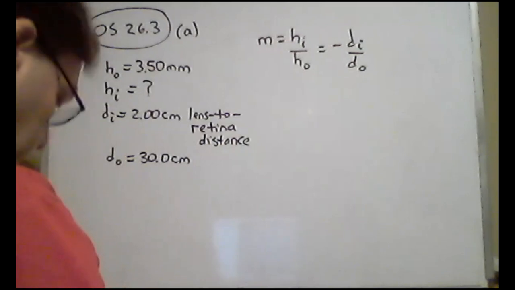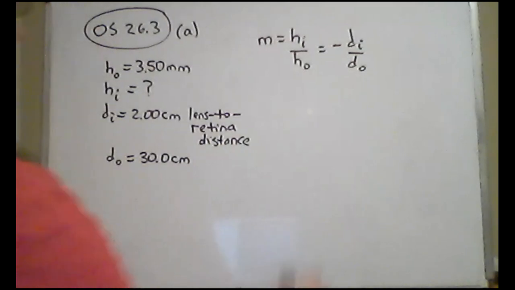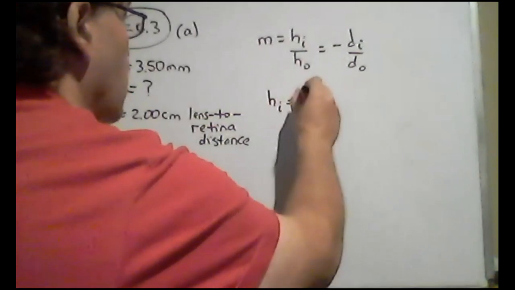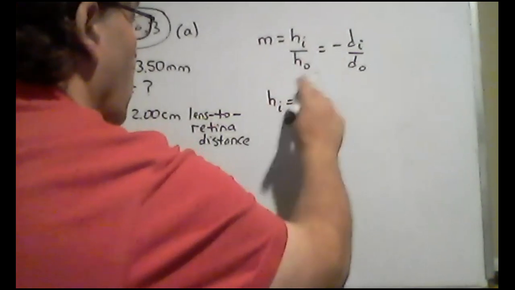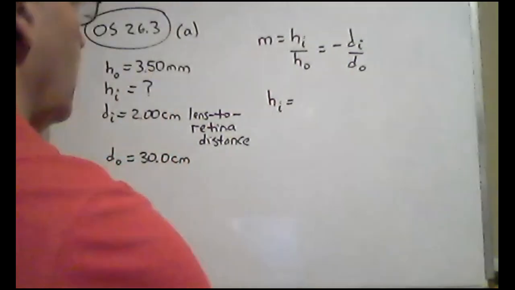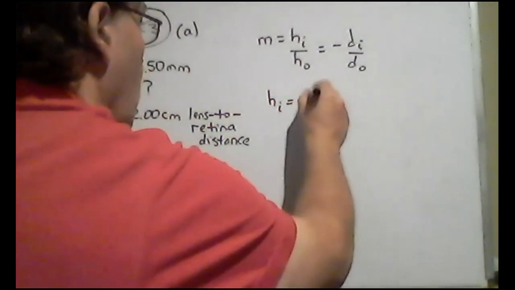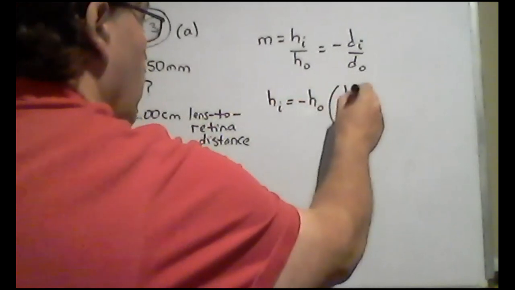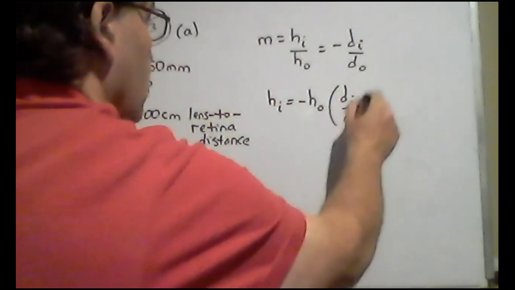I can solve directly for H sub I. So I just cross multiply. H sub I is negative H sub O times the quantity D sub I over D sub O.